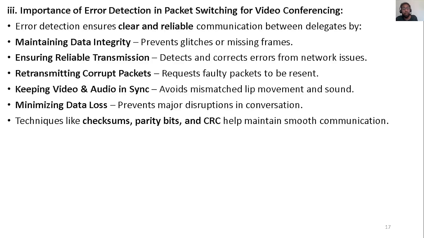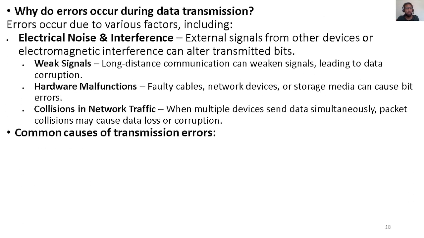Techniques like checksums, parity bits, and CRC are basically error checking methods. They help maintain smooth communication. Why do errors occur during data transmission? Errors occur due to various factors, including electrical noise and interference. External signals from other devices, or electromagnetic interference, can alter transmitted bits.